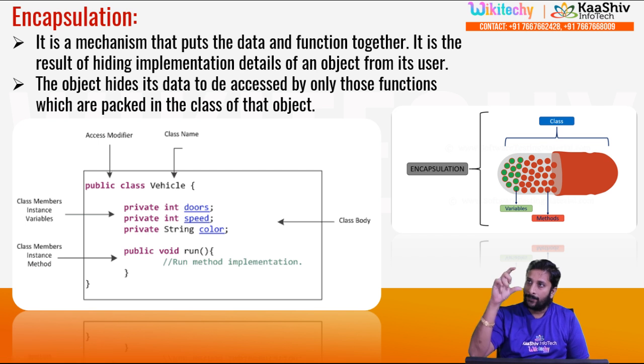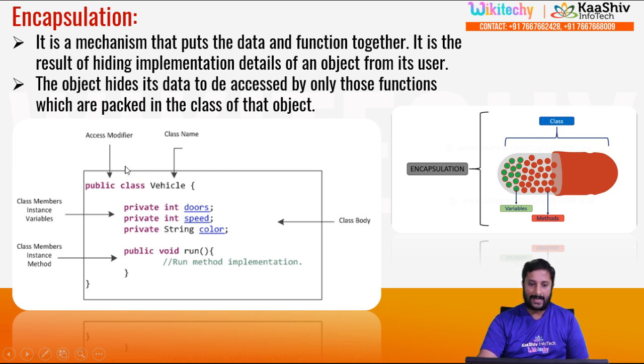Encapsulation means a class will have methods and members, or functions, so methods and variables. If you look at the class methods and variables, they are enclosed in a capsule. If I want to access it, in that case create an object and access it. That's called encapsulation. You are able to see a public class vehicle.